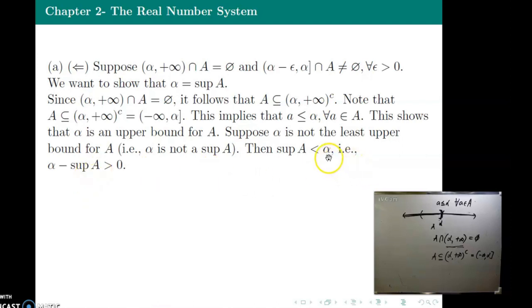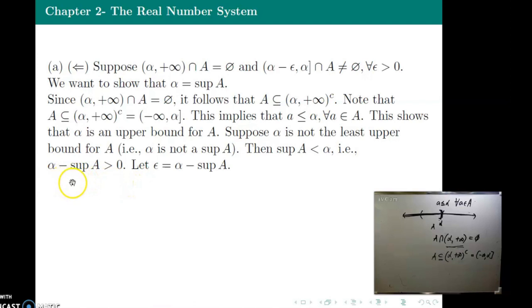That is, from this inequality, we can rewrite that as: alpha minus the supremum of A is greater than 0, because this is greater, so minus the smaller is greater than 0.